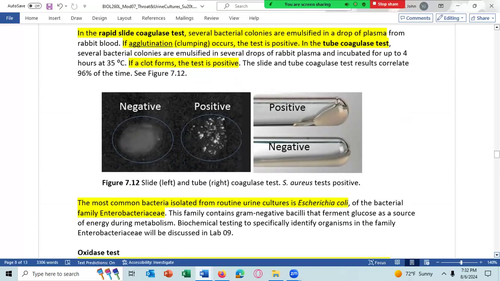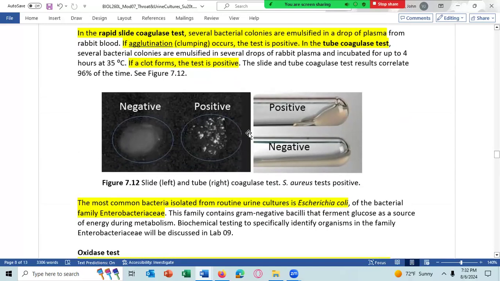There are two tests for the coagulase test. You can test the coagulase on a slide where you put the bacteria cells in the coagulase, and if the bacteria have the enzyme coagulase, they'll create clotting or clumping, and if it's coagulase negative, it will be a smooth, uniform liquid smear.